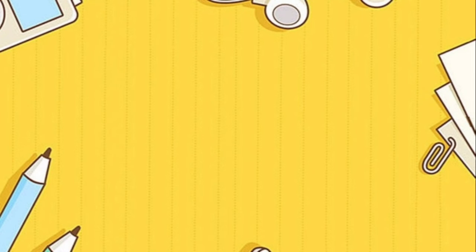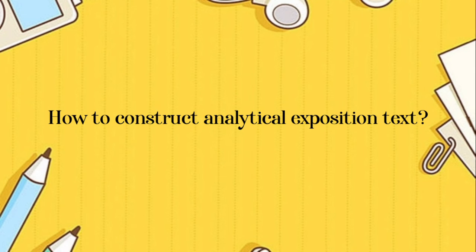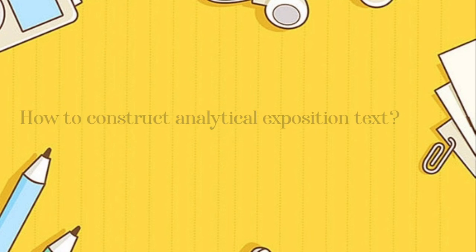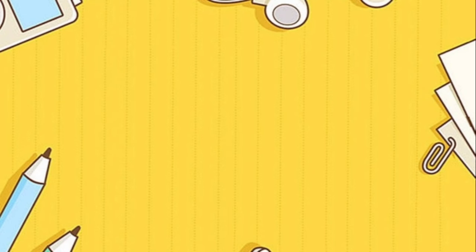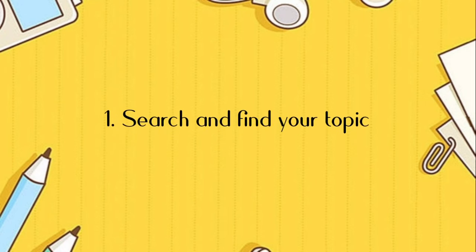Okay, and the last one we wanna talk about how to construct analytical exposition text. You can take your note and just write what you hear. The first thing that you should prepare in making analytical exposition text is search or find your topic.